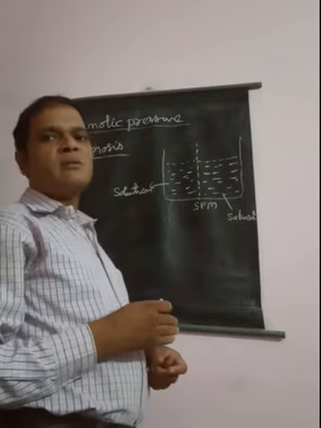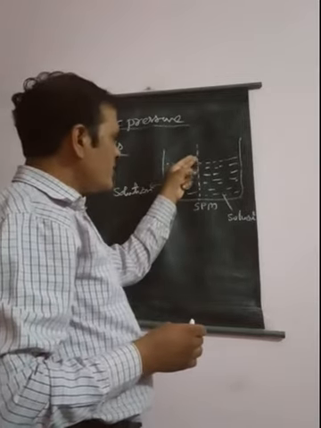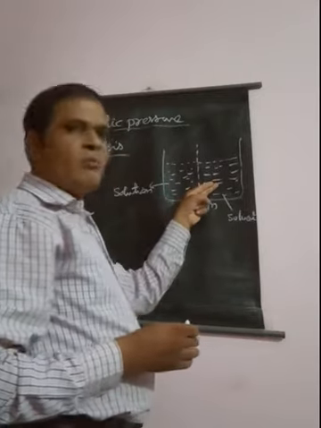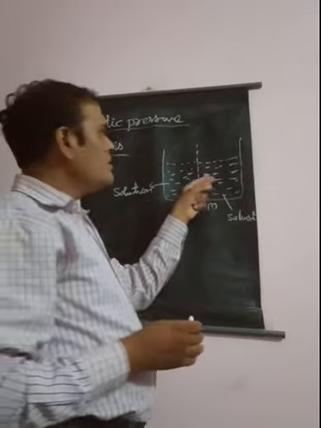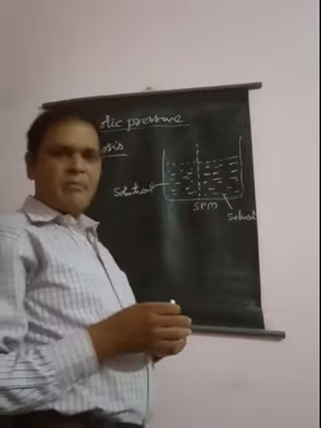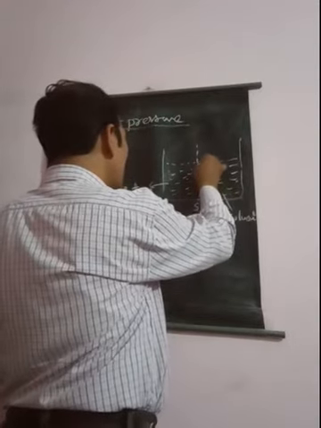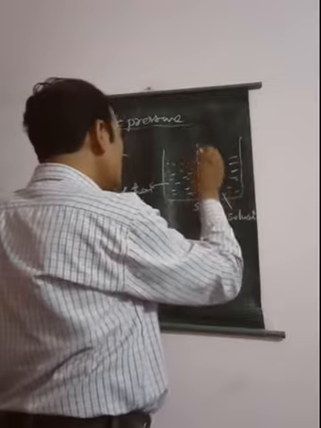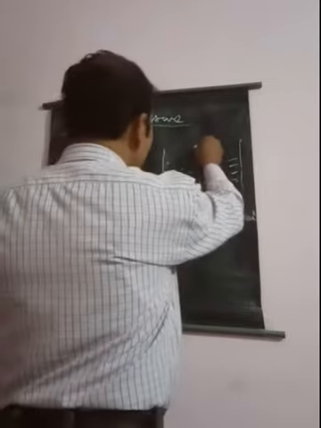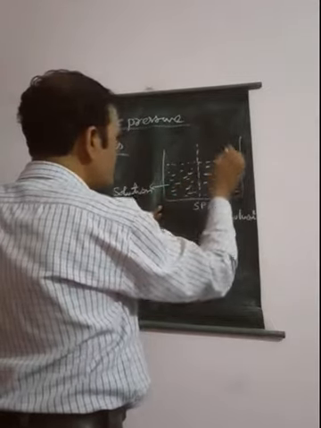This membrane has very small pores, and it can allow only the small molecules or small particles of solvent. That's why it is known as semi-permeable membrane. So the semi-permeable membrane will allow the water molecules or solvent molecules to pass through it.